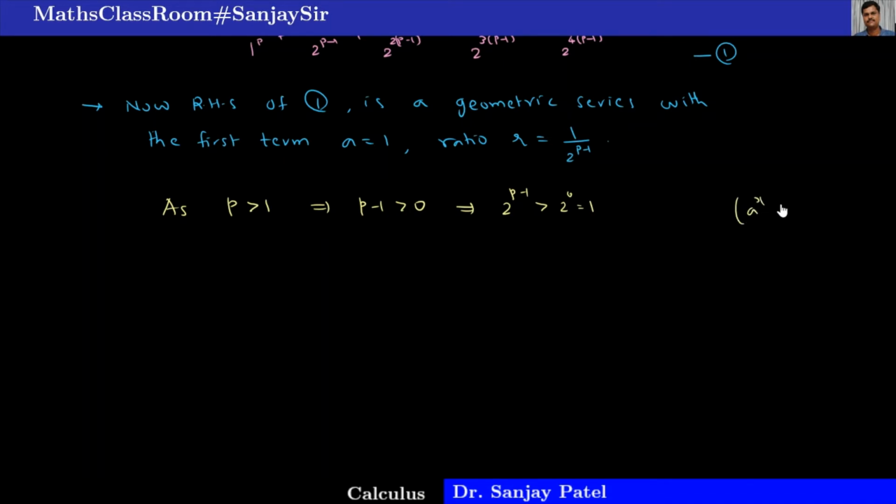The base value is 2, so whenever x is greater than y, a raised to x is greater than a raised to y. So 2 raised to p minus 1 is greater than 1, and that means 1 upon 2 raised to p minus 1 is less than 1 upon 1, that is 1.